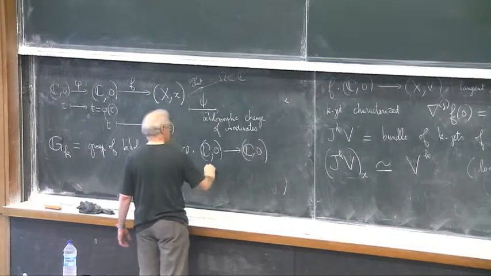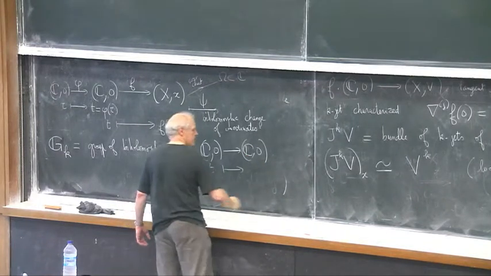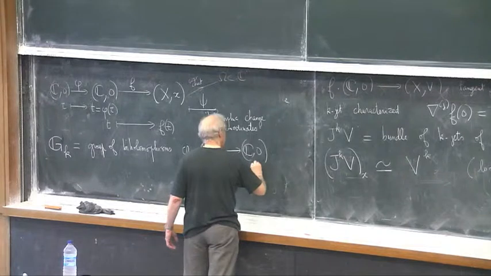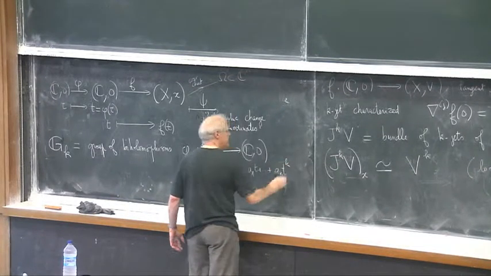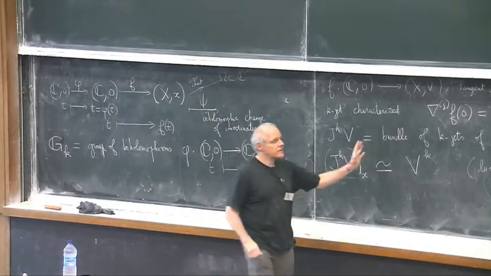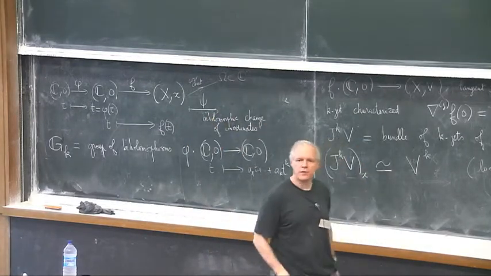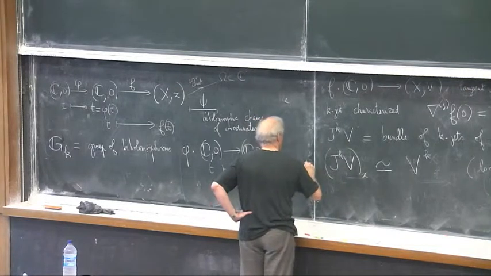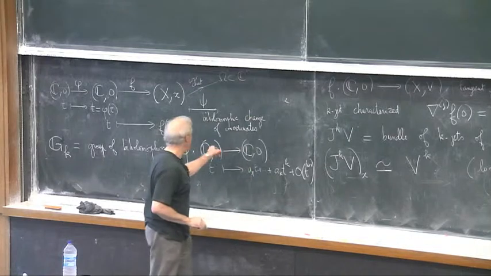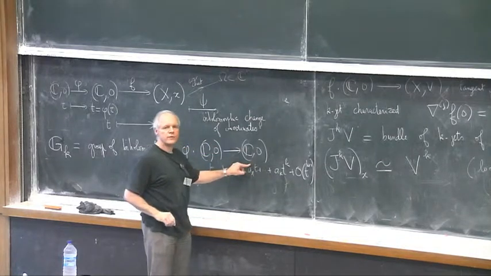So of course it has to be of the form t maps to a1 t plus ak t to the k, and then I completely neglect the higher order terms, because it's a k-jet. Of course, if you want this to be a biholomorphism, you have to take a1 to be non-zero.